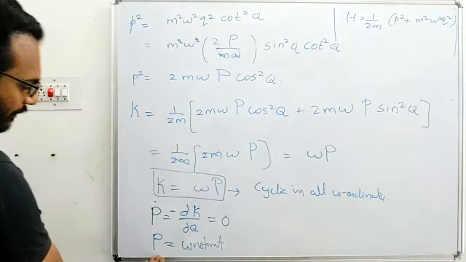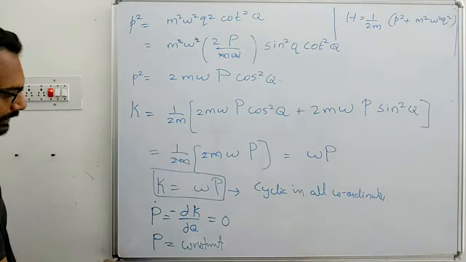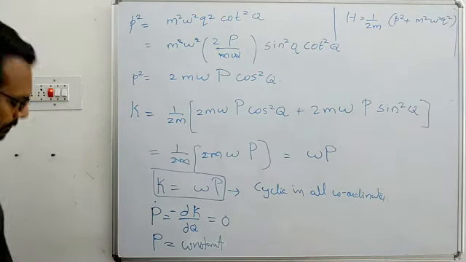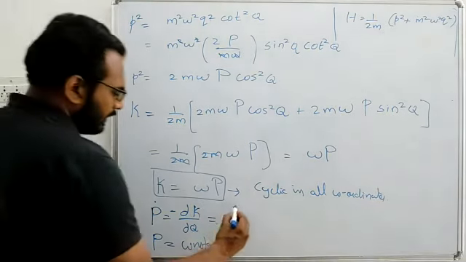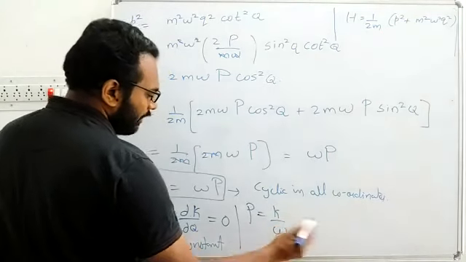Now you can easily identify this as proportional to the total energy of the system. Or let's say omega P is a constant. From here you see that P is equal to K by omega. So K by omega is a constant.